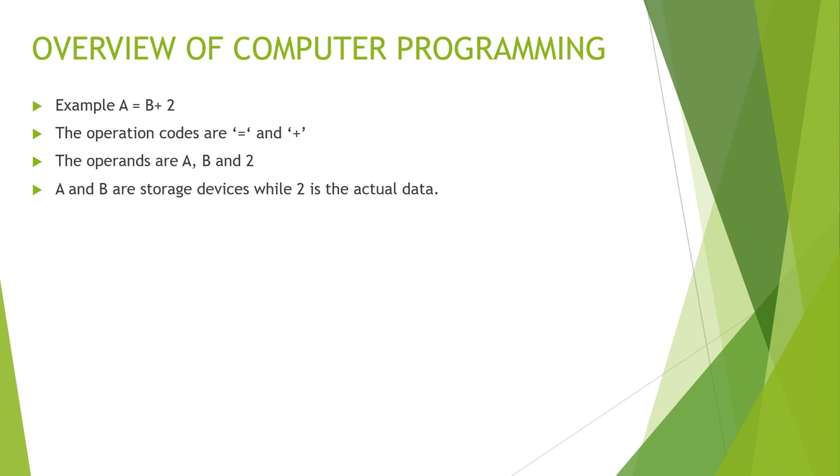Then the operands are A, B, and 2. A and B are storage locations, while 2 is the actual data we are working on. So this is an example of the rules we are talking about.